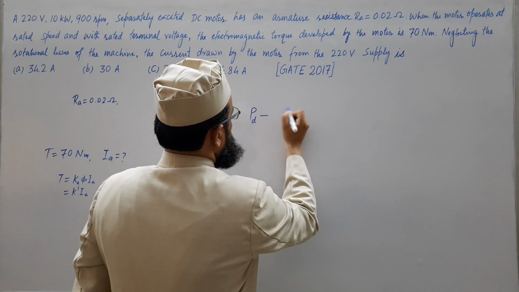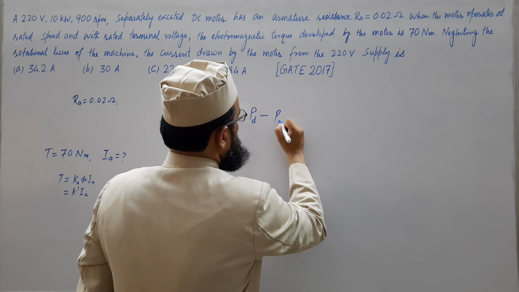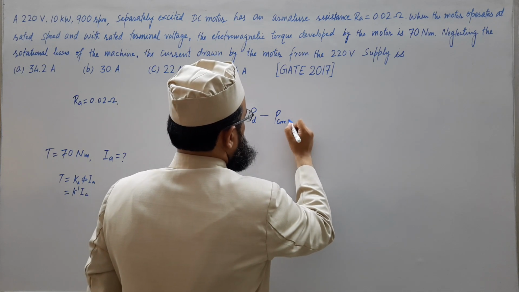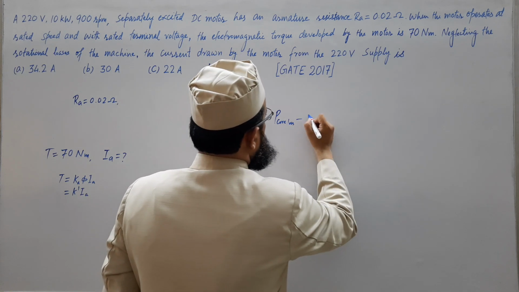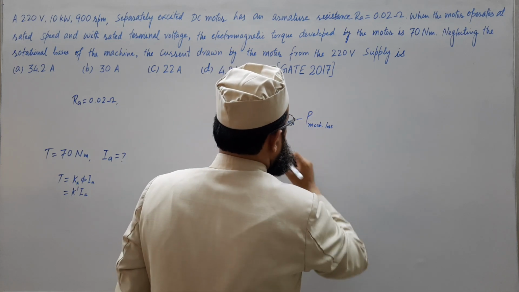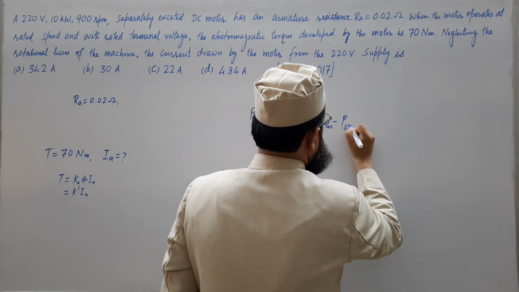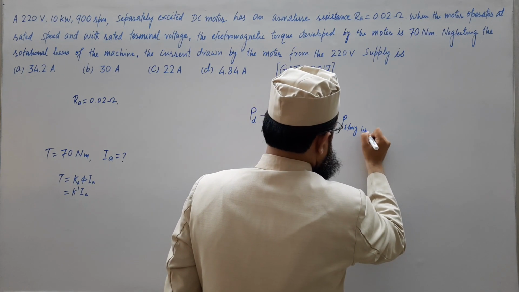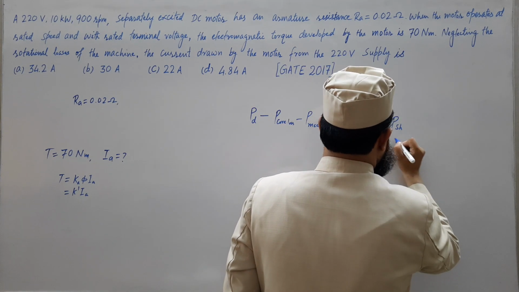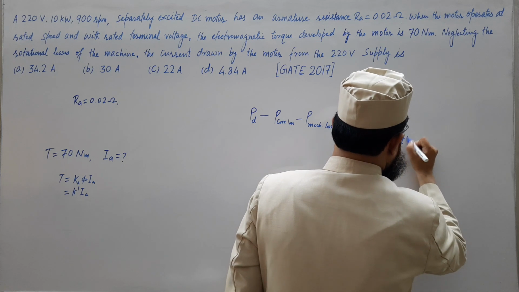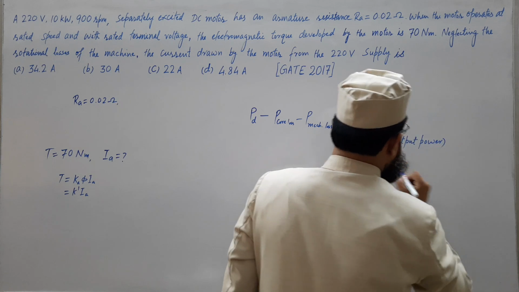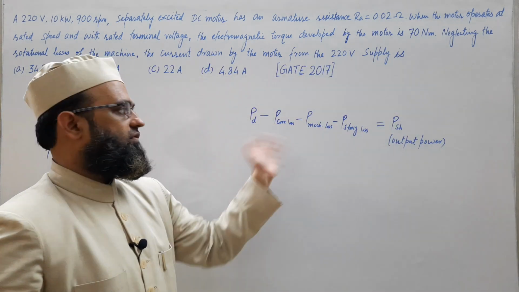So we may write P core or core loss minus P mechanical loss minus P stray loss is equal to shaft power, that is output power. We have already discussed this power during the power flow diagram lecture.